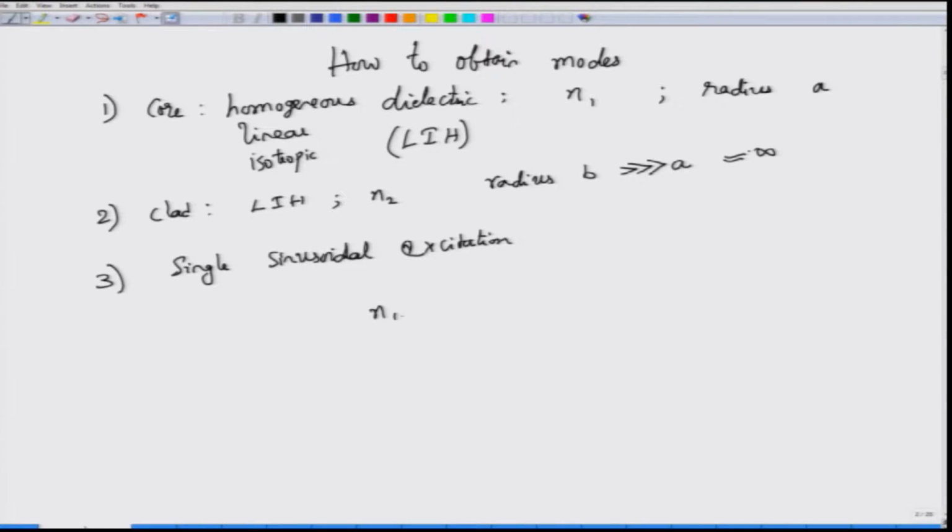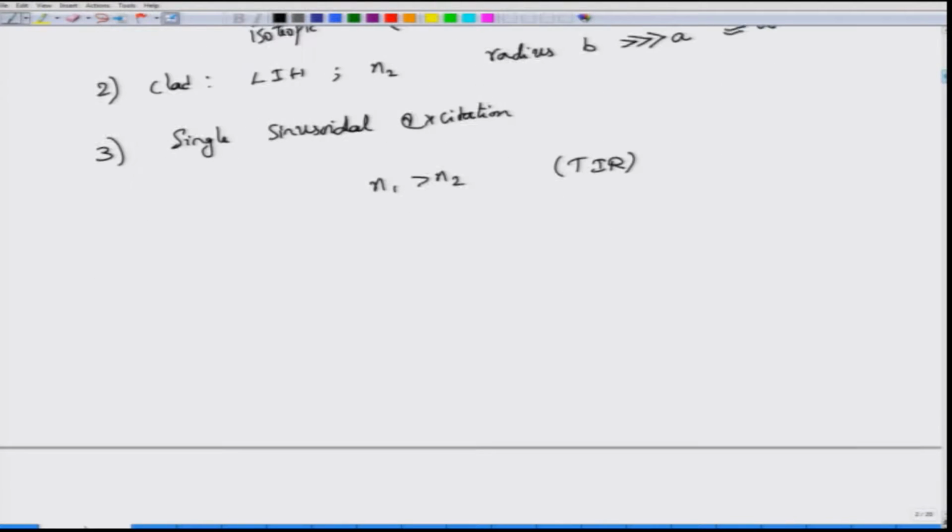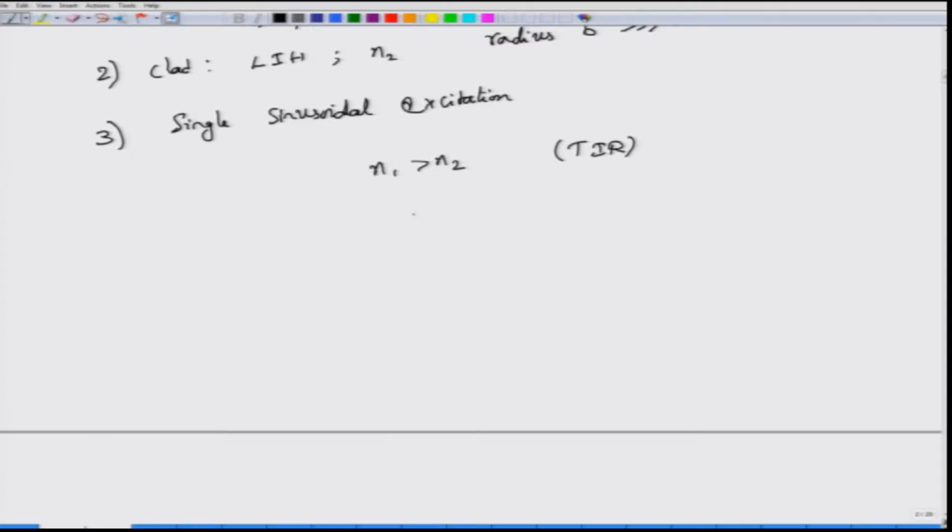Of course, we know that N1 must be greater than N2 to enable total internal reflection. So this is one additional requirement for a single mode optical fiber that we are going to put up for any waveguide, which is a dielectric waveguide. If you were to look at the structure itself, this would be the core and that would be the cladding. And if you look at the refractive index distribution, it would look like this.